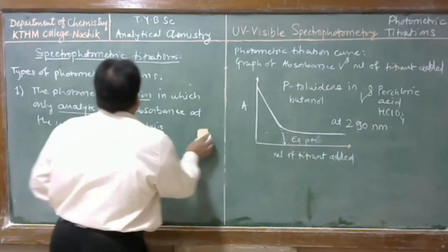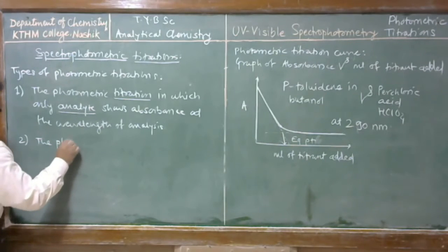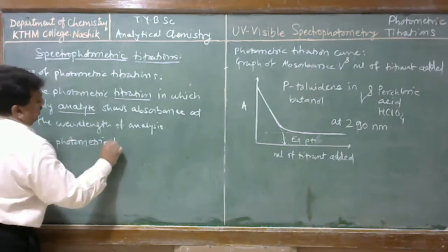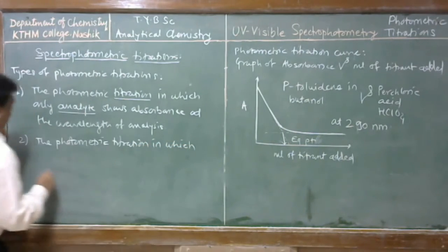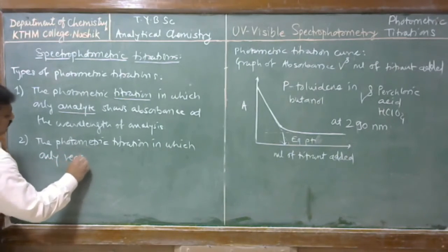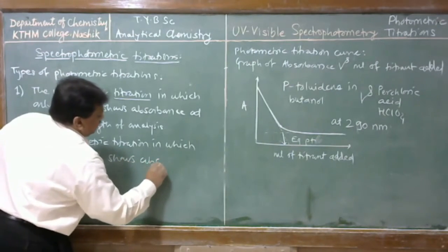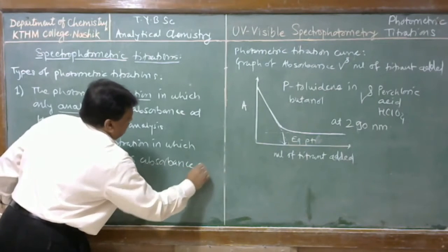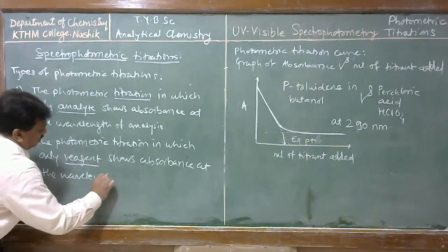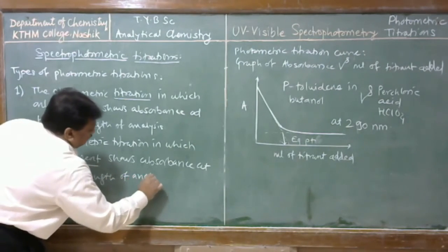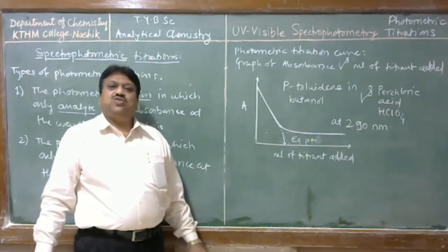Now we discuss the second type of titration, the photometric titration in which only the reagent shows absorbance at the wavelength of analysis, while the analyte solution as well as the reaction product do not show the absorbance.